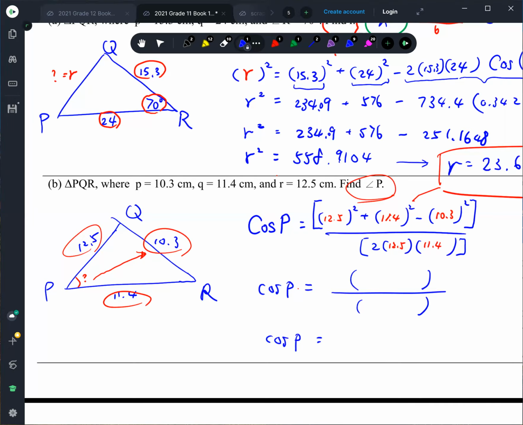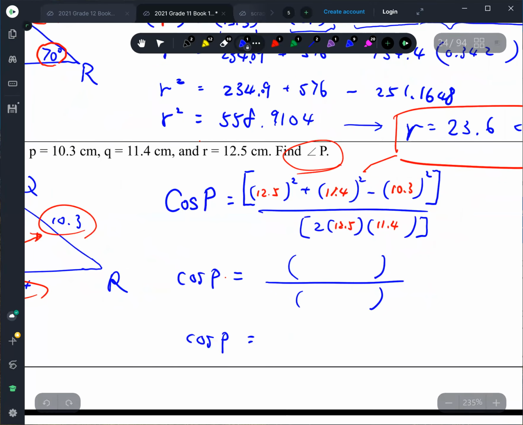Okay, have you got it yet? It shouldn't take that long. It's just typing into the calculator. Do it separately. Find the numerator, find the denominator, and then divide them.